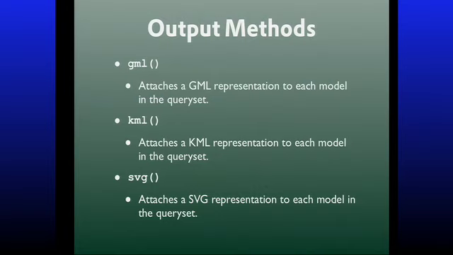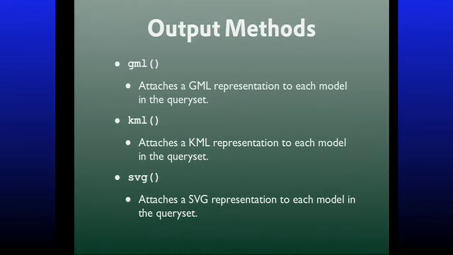You can also use KML, which is on PostGIS only, and when it creates the KML, it'll automatically transform it to WGS84, which is all KML supports. So it takes care of that magic for you. When you use it on the actual GEOS geometry, it's kind of dumb about that, so I don't do any magic like that. And then it also has an SVG method, so you can get an SVG representation too.